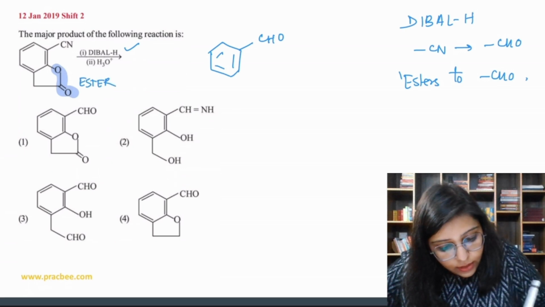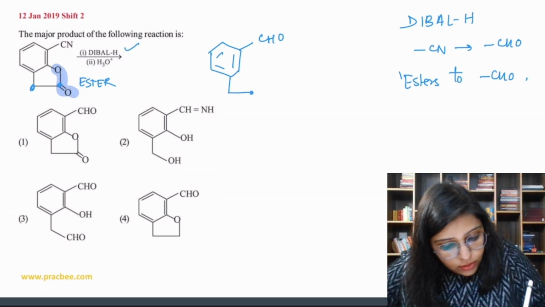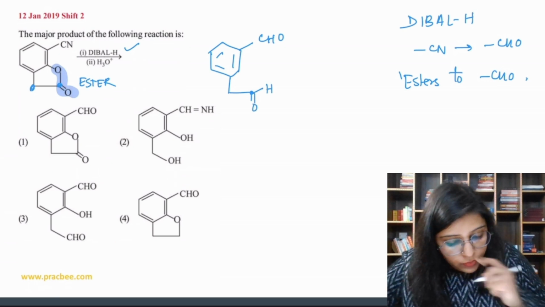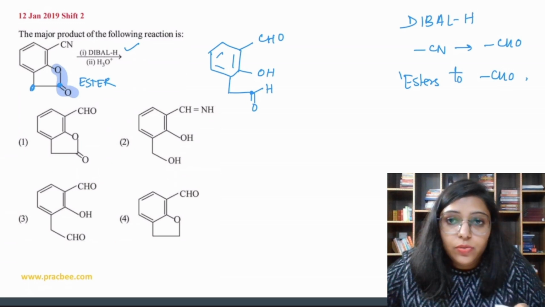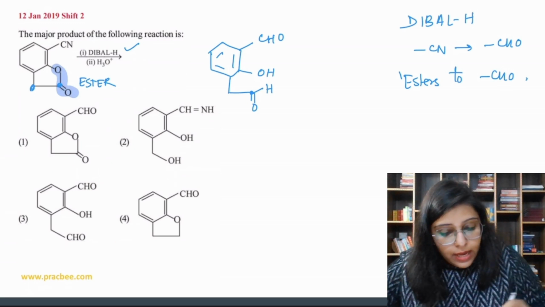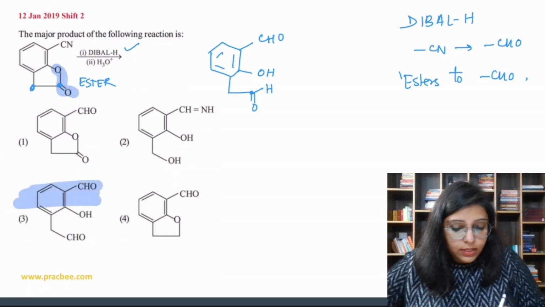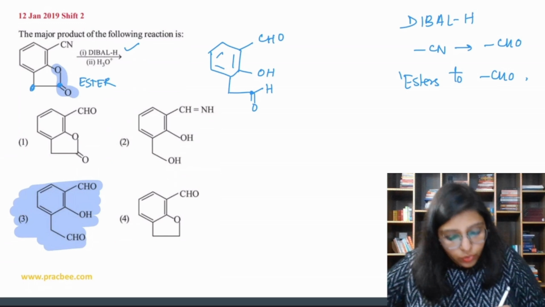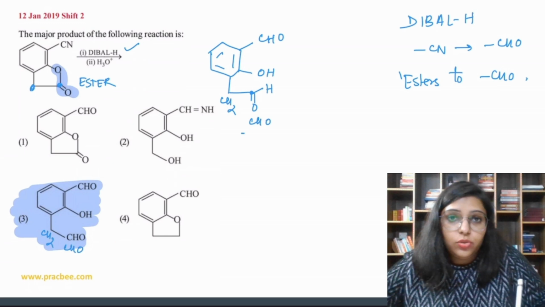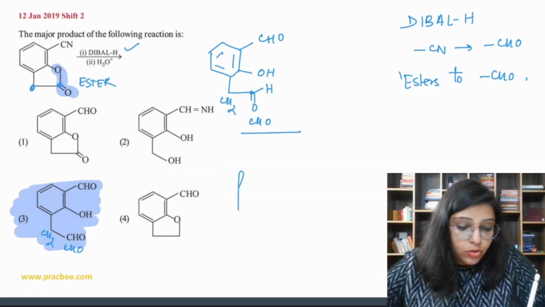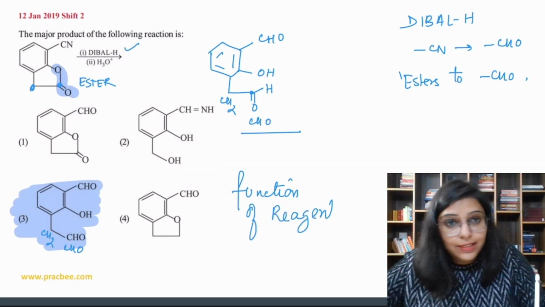So here we write CH2, now this C double bond O H, and here we write OH. The point is esters are reduced to CHO, so we get CHO, OH and CH2. So here we write CH2 and this is CHO, this is also CH2 and CH2. This question is based on the function of the reagent, nothing else.